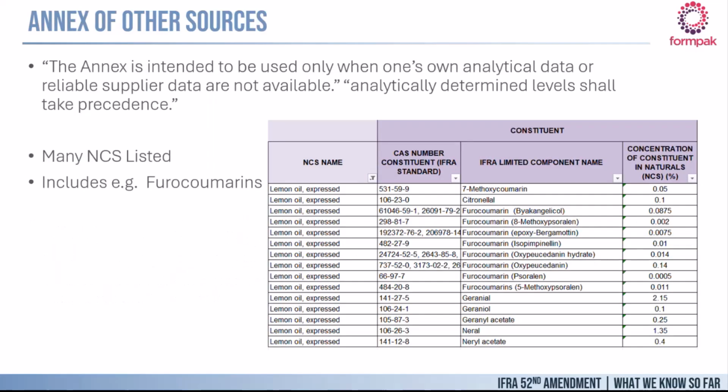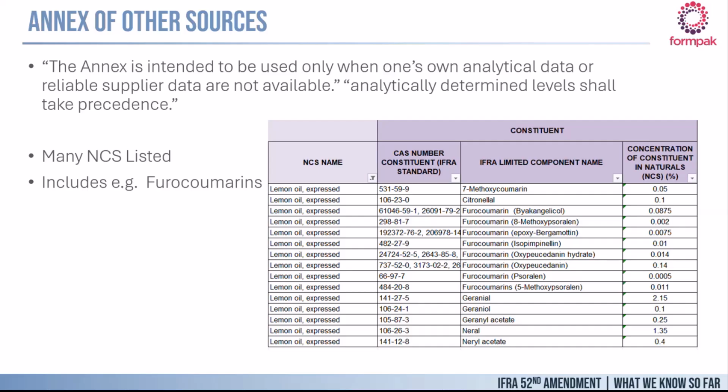One additional thing on the annex of other sources: the annex is intended to be used only when one's own analytical data or reliable supplier data is not available, and your analytically determined levels shall take precedence. For example, through your own analysis or through supply chain information, the data about your specific quality of oil is a higher authority than data in the annex of other sources, which is a reference document.